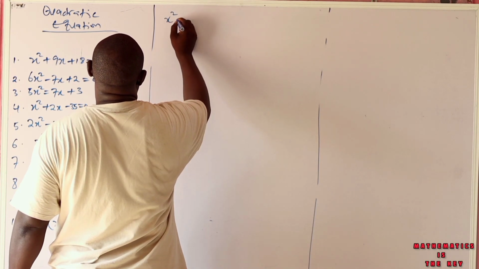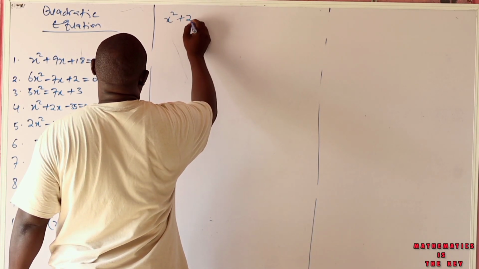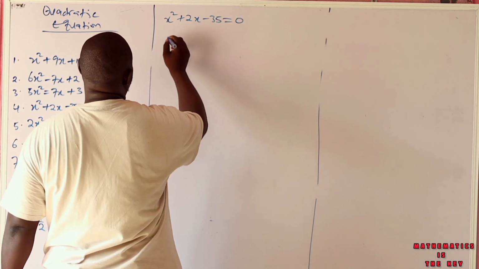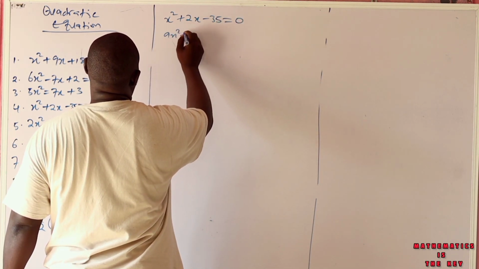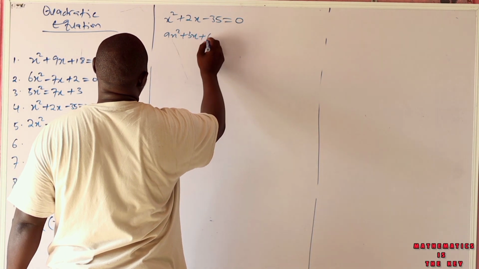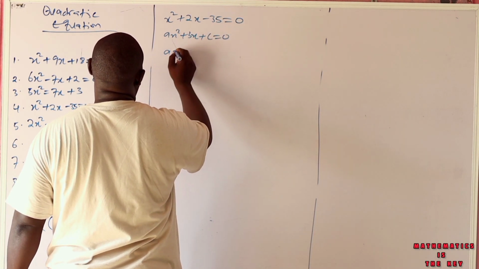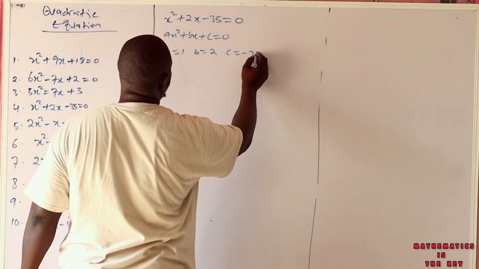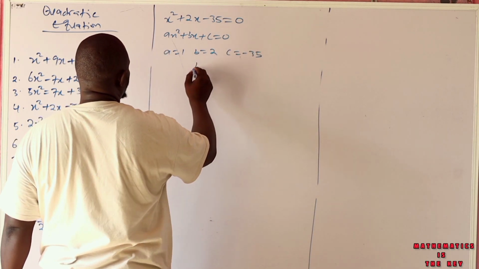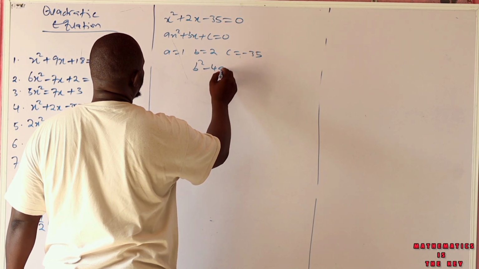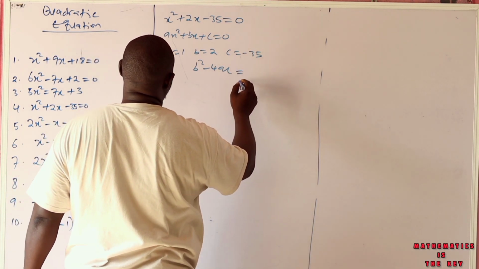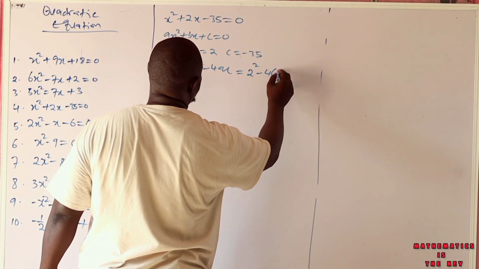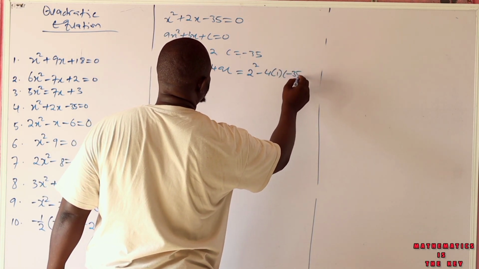We have x squared plus 2x minus 35 is equal to 0. Comparing with ax squared plus bx plus c is equal to 0, we have a is equal to 1, b is equal to 2, and c is equal to minus 35. As usual, b squared minus 4ac gives what? 2 squared minus 4 into bracket 1 into bracket minus 35.